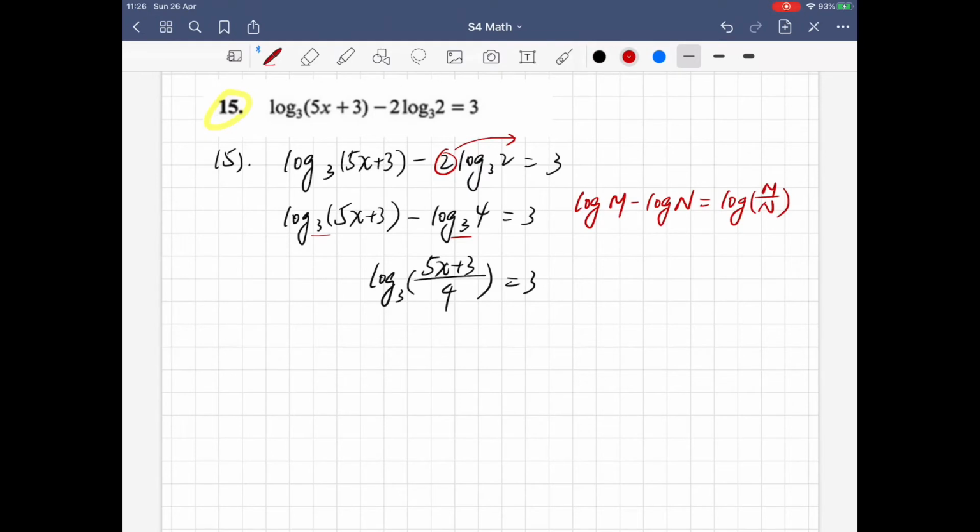Okay? And afterwards, we want to remove the log with base 3. Then we will apply, if we know that log a x is equals to y, then x will be equals to a to the power of y. And therefore, we can remove the log using the base of 3 to the power of 3.